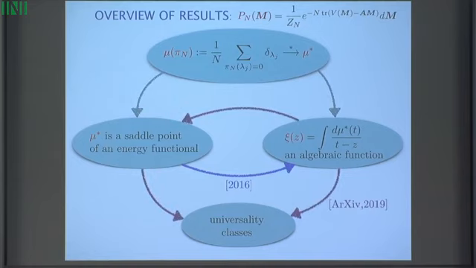Then, more recently, we studied these connections, the saddle points with the universality classes, and as I said, the algebraic equation also gives you saddle points. And finally, we're finishing now the proof that the possible limits of these zero counting measures necessarily are given by these two problems. So the talk is about this connection.